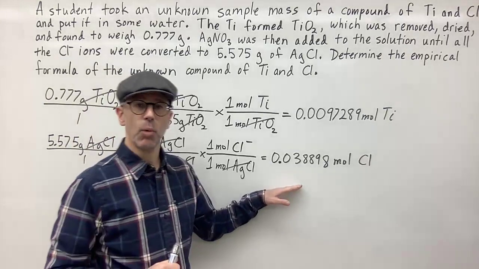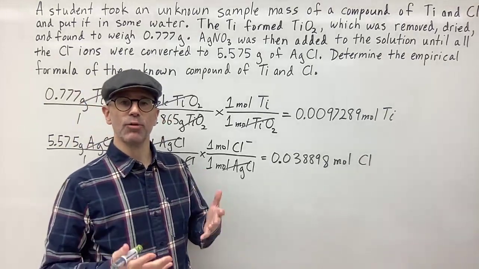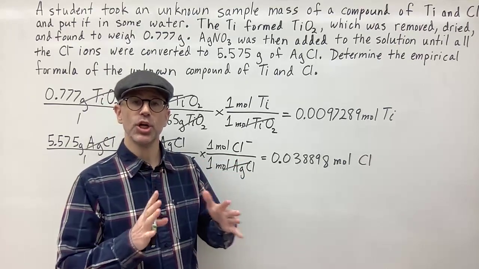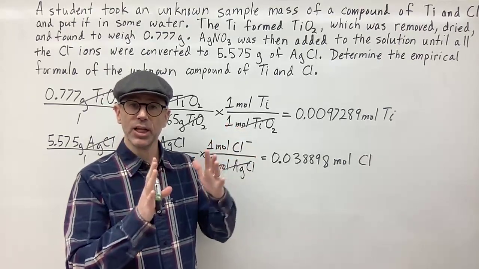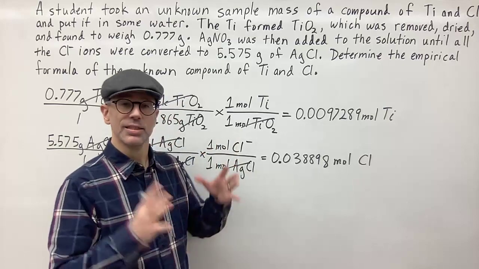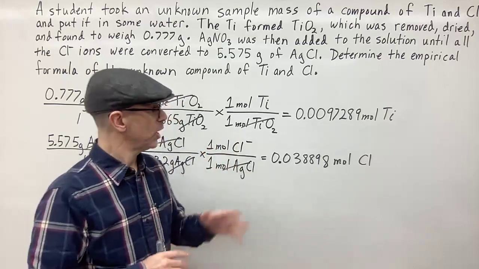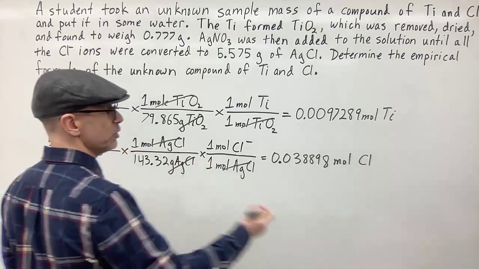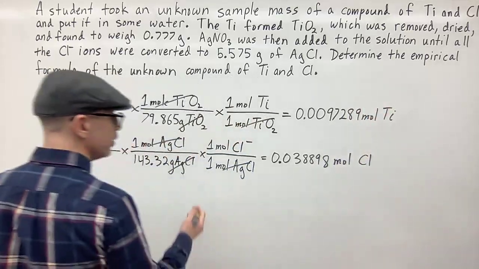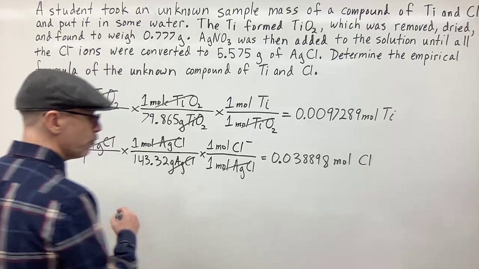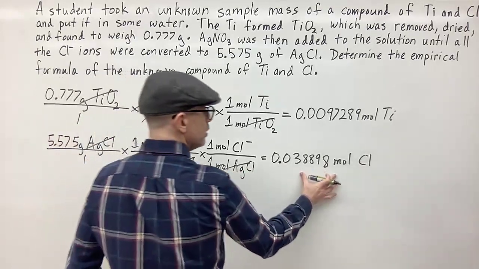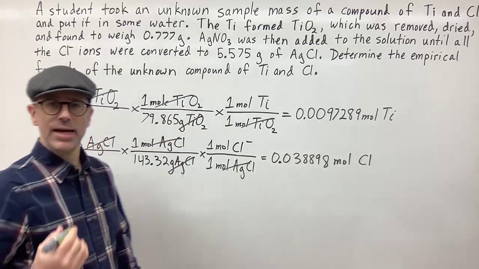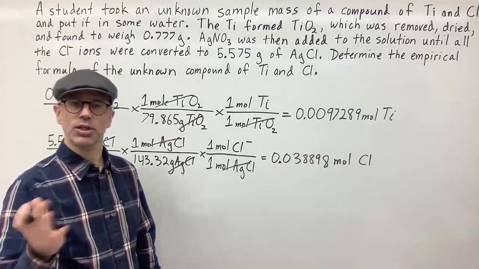So now that I have the moles, remember the empirical formula is the lowest whole number ratio between the elements. It's the formula that has the simplest whole number ratio between the elements in the formula. Since we only have two elements here, what you're going to do is set up a pseudo formula to begin with. So we're going to take these moles and we're going to write them as subscripts because that's where the mole ratio is.